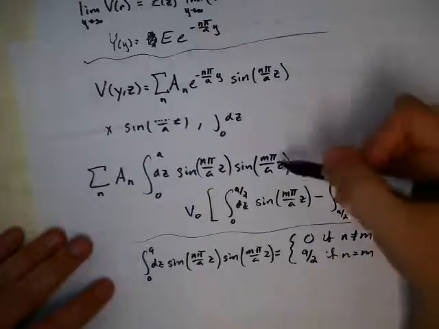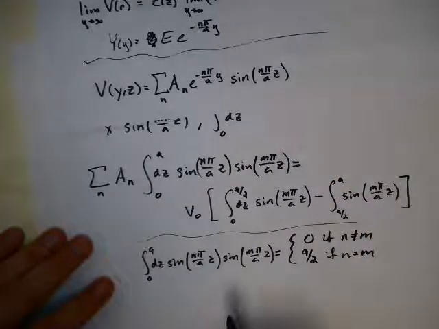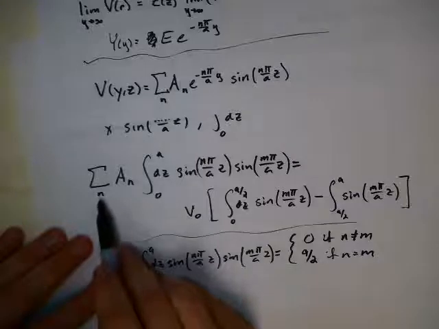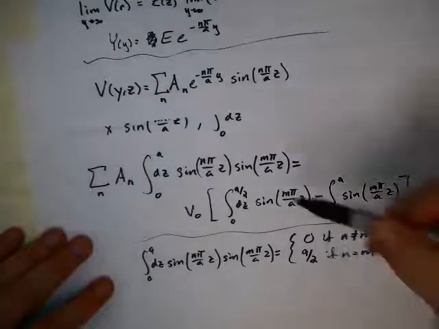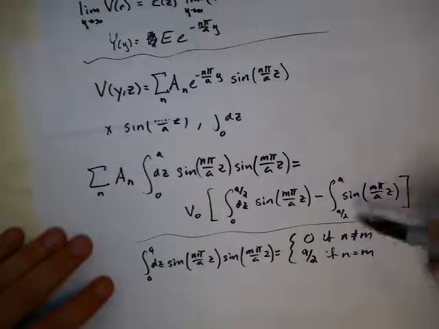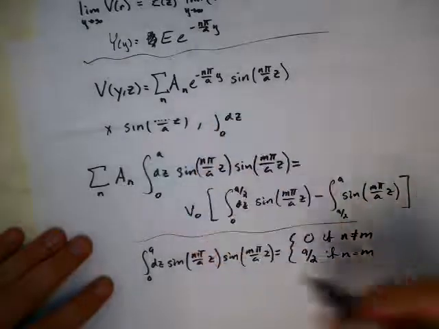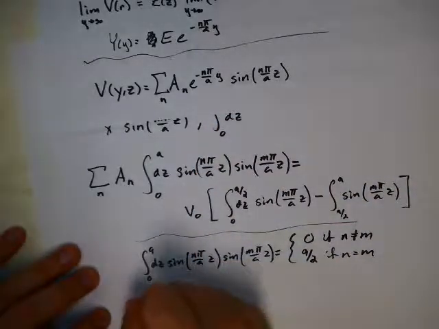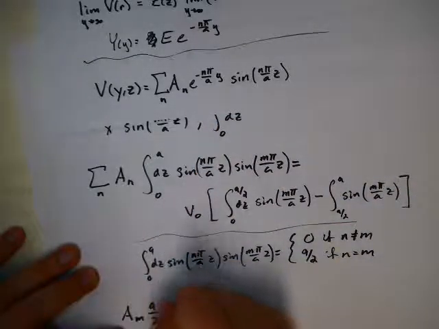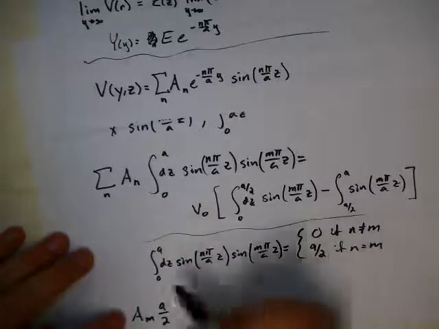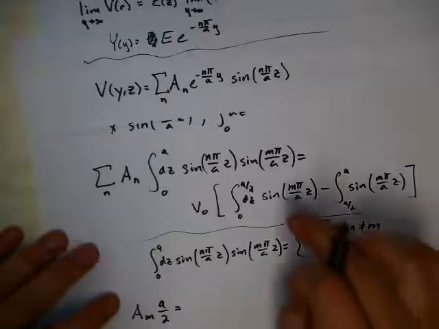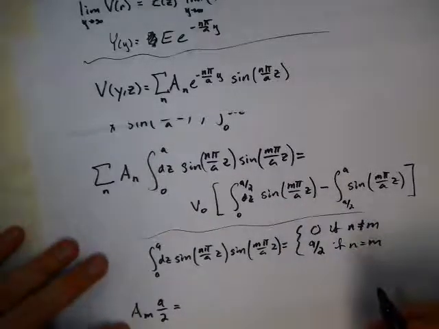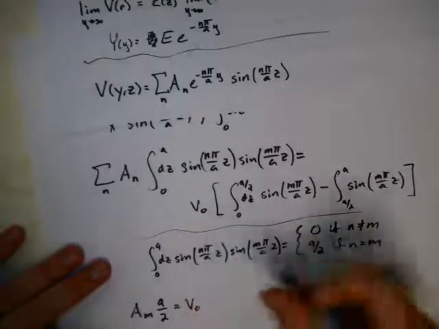So that makes the evaluation of the left-hand side really simple. For all of the terms in this n sum where n does not equal m, we're going to get 0 from there. And for the one term where n equals m, we're going to get a_m times a over 2. So on the left-hand side, we're going to get a_m times a over 2. And that is equal to, on this side, we're going to have our V naught.